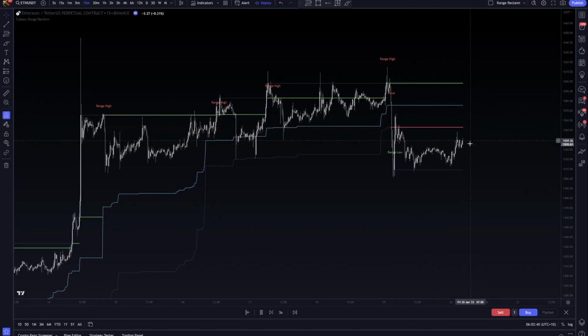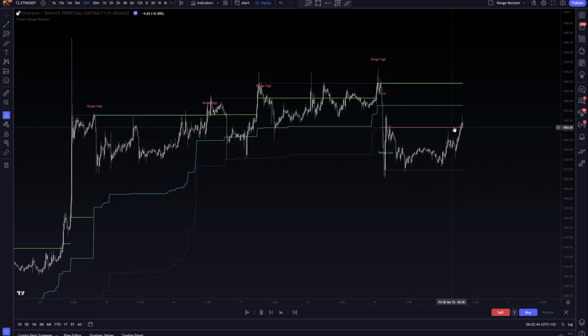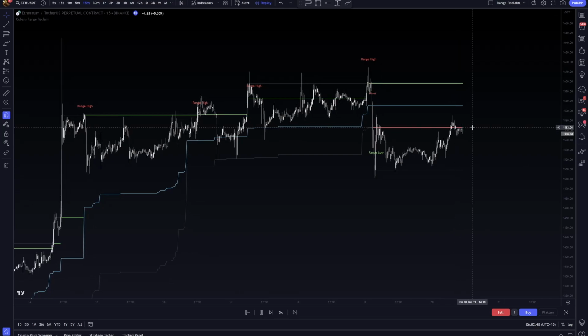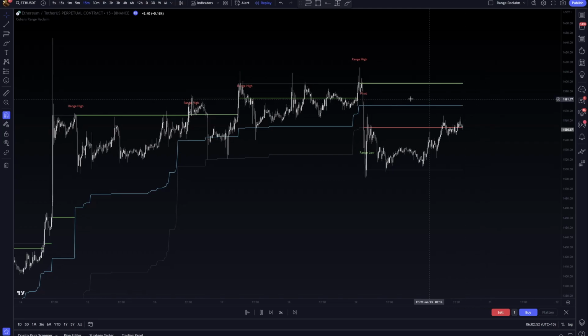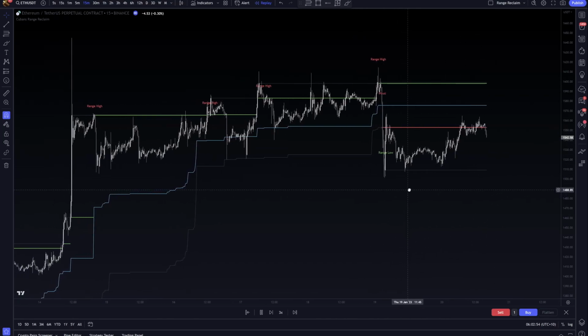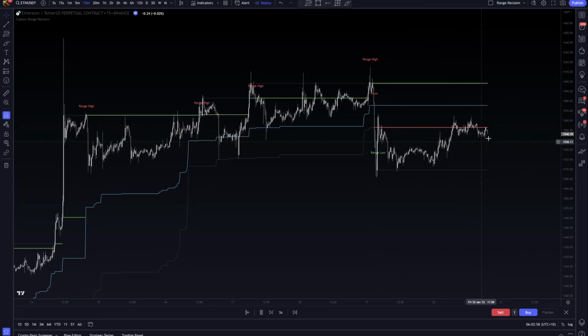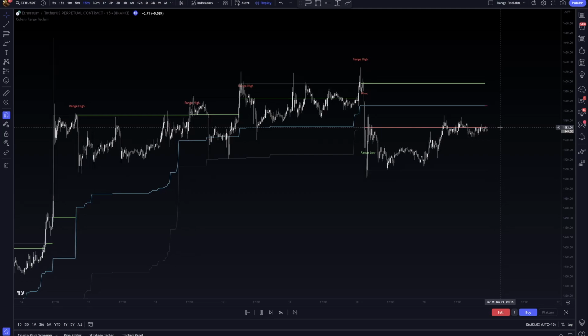Now, again, in saying that, if we happen to reclaim above our red reclaim line, looks like we might be doing that now, that would then signal potentially some more upwards trend. It's all about adding confluence to ideas that you already believe, that are driving your thesis.